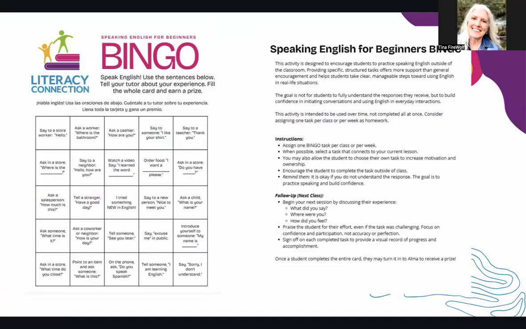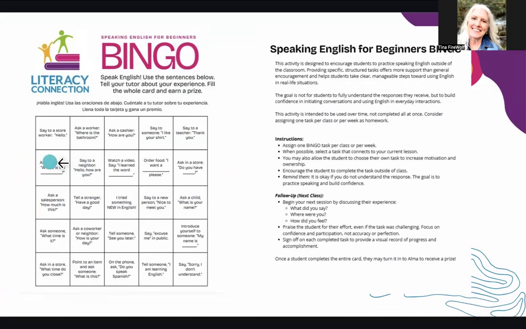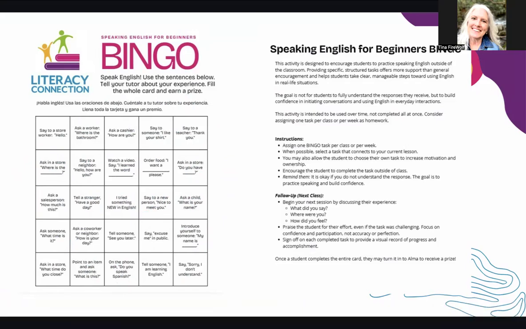We have to go through all this just to get the card, sorry, but here it is. They could look at one of these tasks and say, "Oh, okay, I feel confident enough to do this one." So instead of assigning them a task, you could choose a task from the bingo card. That sometimes helps create motivation because they have some buy-in to it.